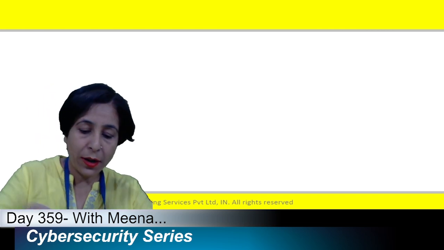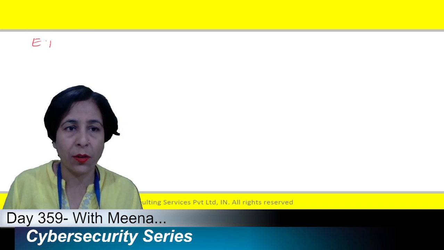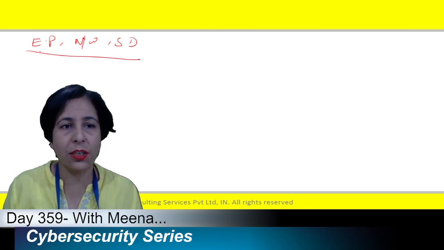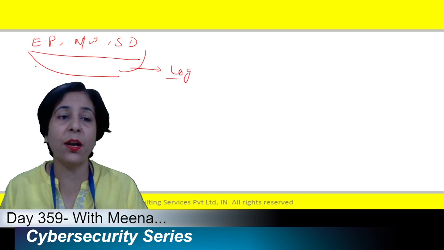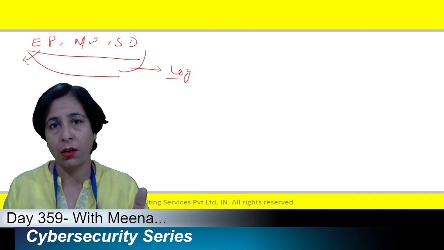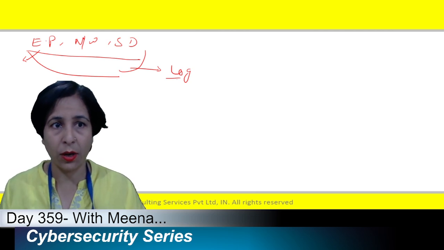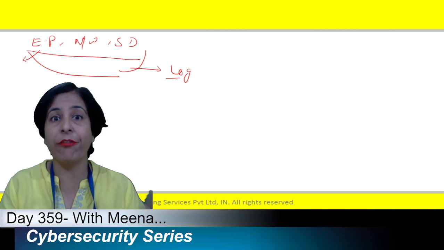Clear? When we say there are different types of devices, whether that's your endpoint, your network devices or security devices, these are generating thousands, even millions of logs. For example, an endpoint on the Windows operating system, event log or security log, its way of presenting the data about any event is different as compared to Linux or Mac.